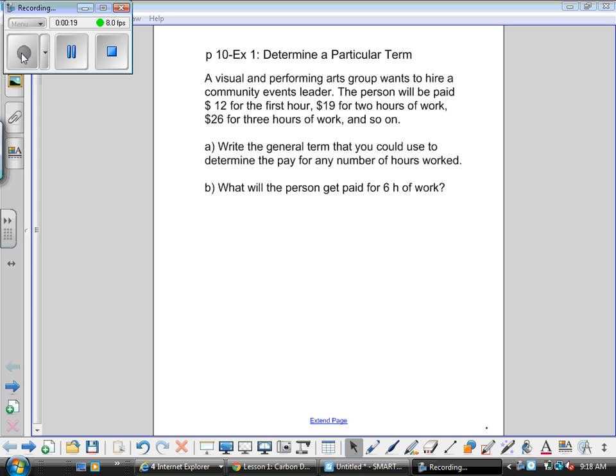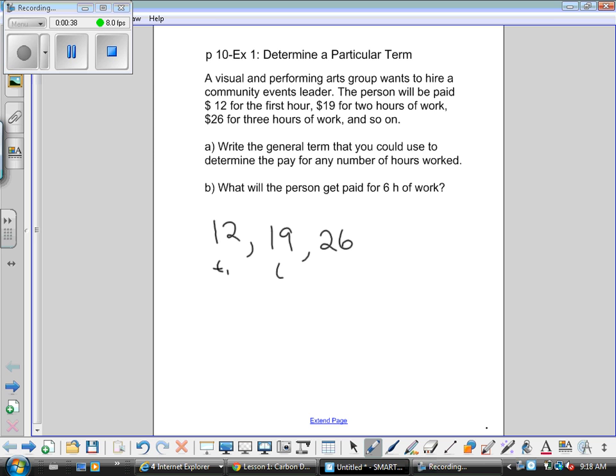Okay, so what we have is a pattern. Obviously we can't do anything with an arithmetic sequence until we prove that it is indeed an arithmetic sequence. So let's write out the terms. Our first term, t sub 1, is 12. Then we have 19, and then we have 26. So this is the first term, this is the second term, this is the third term, and so on, meaning it continues to follow this pattern.